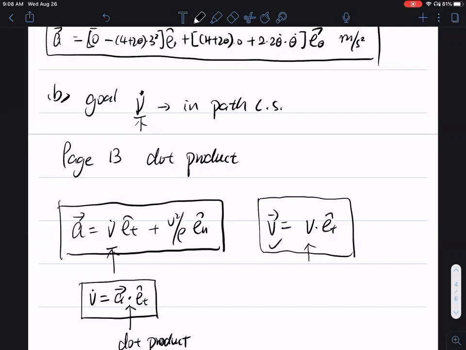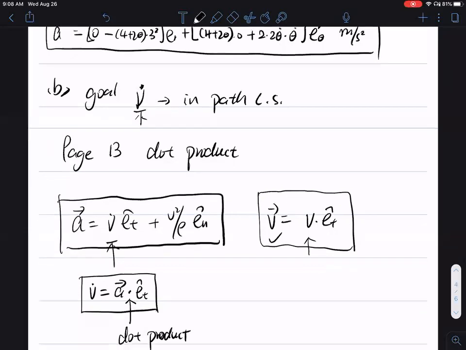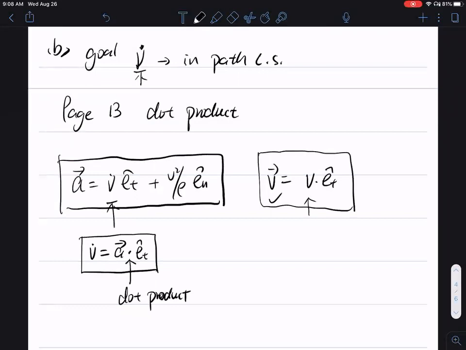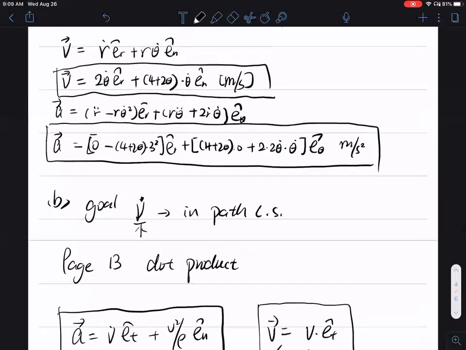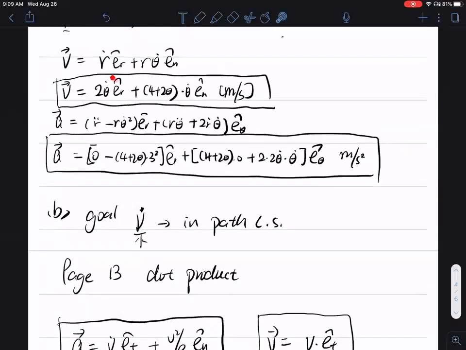Speed, in this case, since we already know the vector form, can be calculated by the magnitude of the velocity vector. This is our velocity vector.